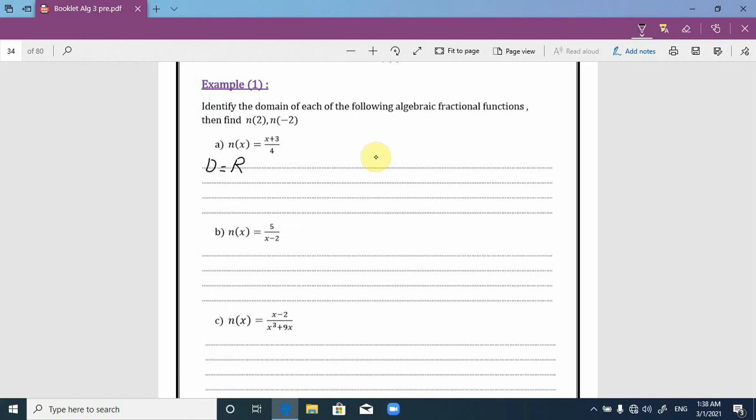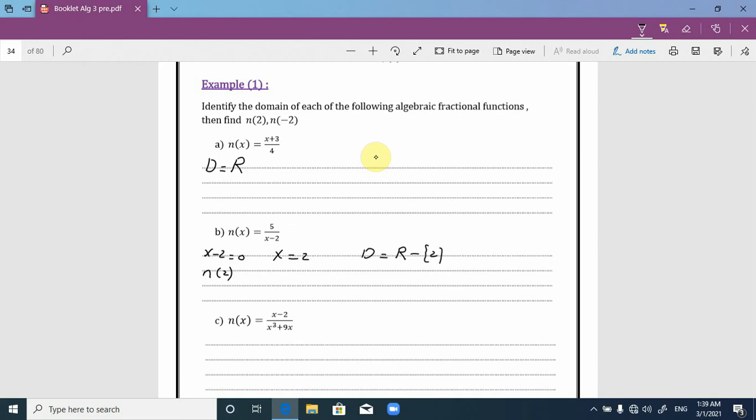Number 2, n of x equals 5 over x minus 2. If we put x minus 2 equals 0, so x equals 2. So the domain of this fraction function is R minus the set {2}. If we want to get n of 2, we cannot find it because 2 is not in the domain.